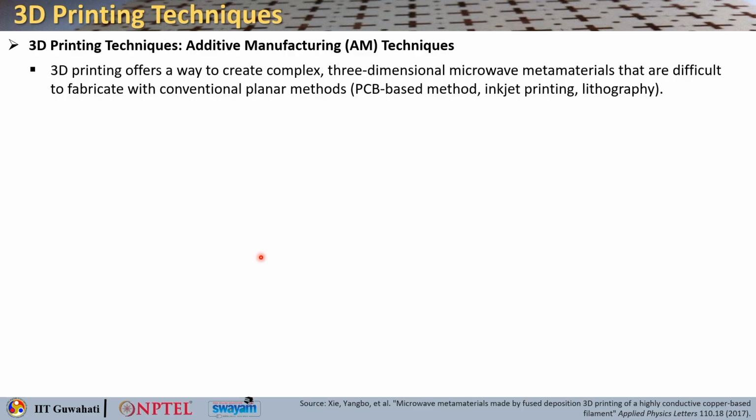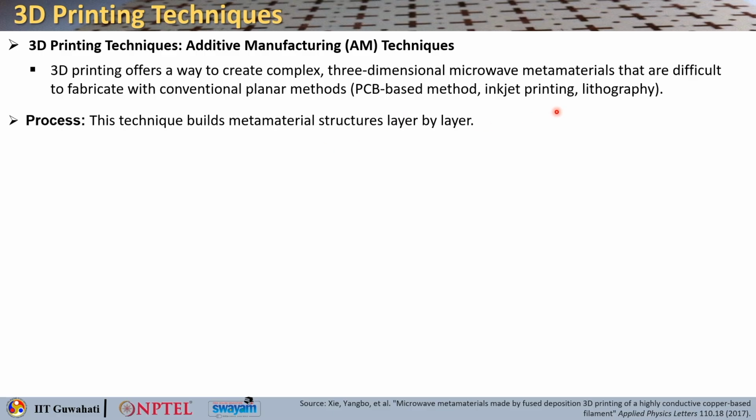The last important technique that we will be discussing today is the 3D printing techniques. So they are basically also additive manufacturing techniques. 3D printing basically offers a way to create complex 3-dimensional microwave metamaterials that are difficult to fabricate with the conventional planar methods such as PCB based methods, inkjet printing or lithography.